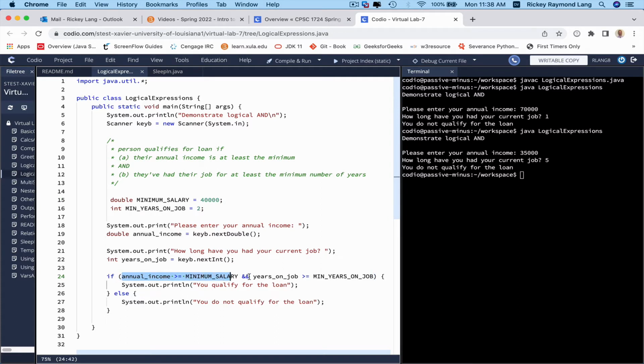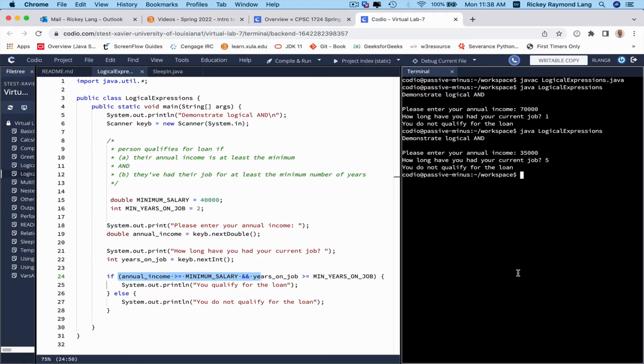And as a matter of fact, Java is not even going to look at the second thing. If the first thing is false, the whole thing is false. But in this case, the second happened to be true: 5 is greater than or equal to 2. So this was true, but this was false, so it did not qualify.